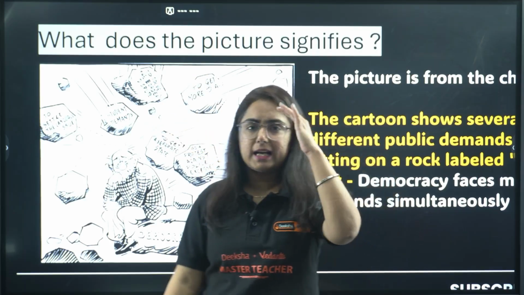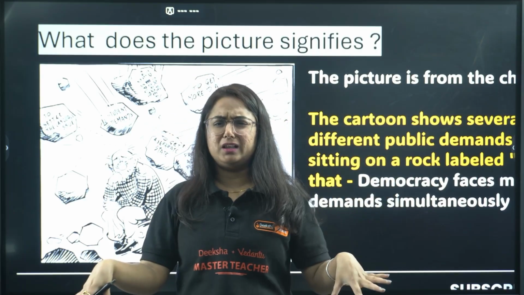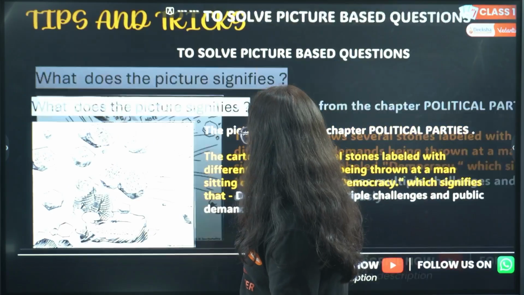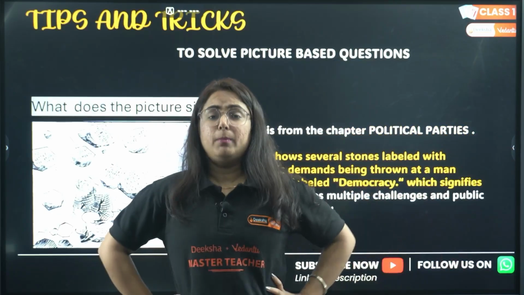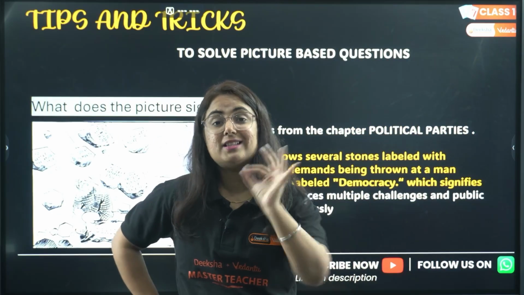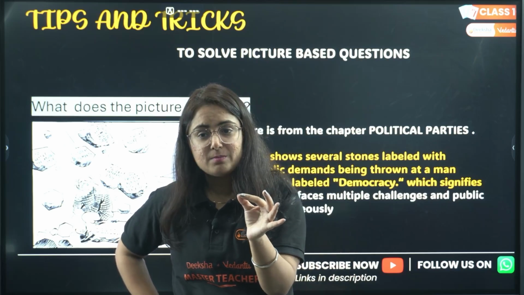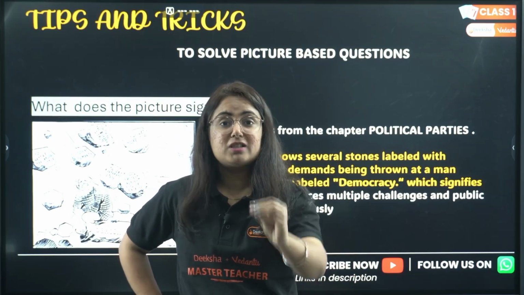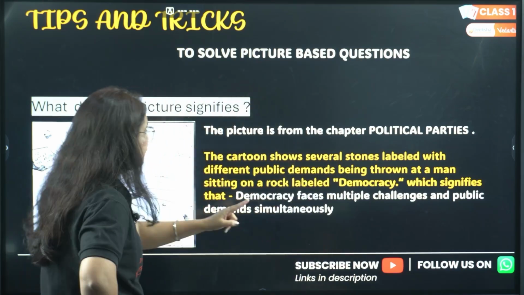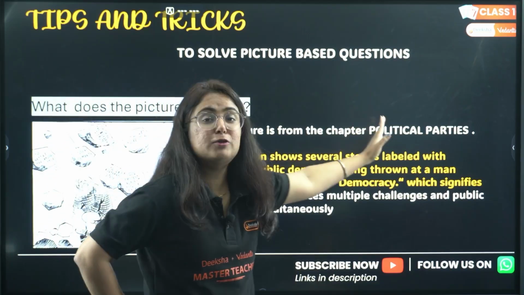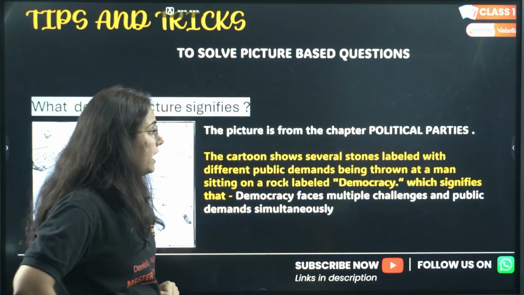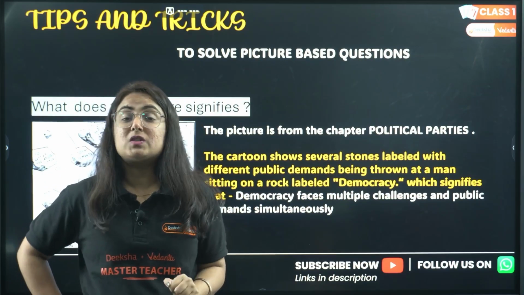So you are getting the point that, okay, someone is sitting and the picture's title talks about democracy. But do you know that what the picture signifies can also be a question in your exams? For that purpose, you need to analyze the picture too. So this picture is from the chapter political parties. Okay, one more important trick comes from here, student.